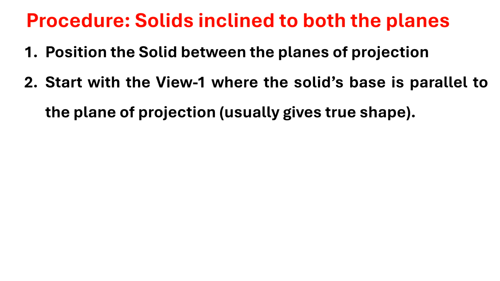Usually, when the base edge or the base corner is resting on any one plane, we need to see which plane the base is parallel to, and accordingly we can draw view 1. Once view 1 is drawn, we can draw view 2.